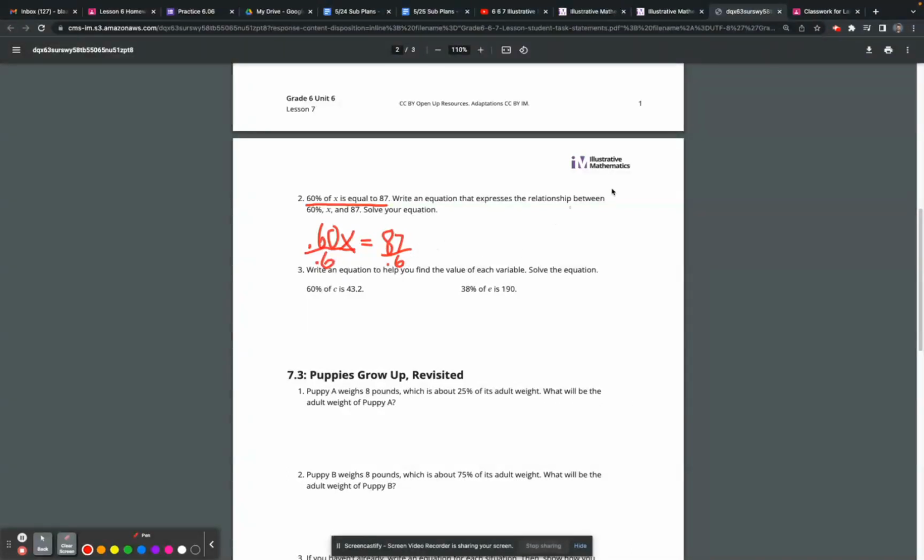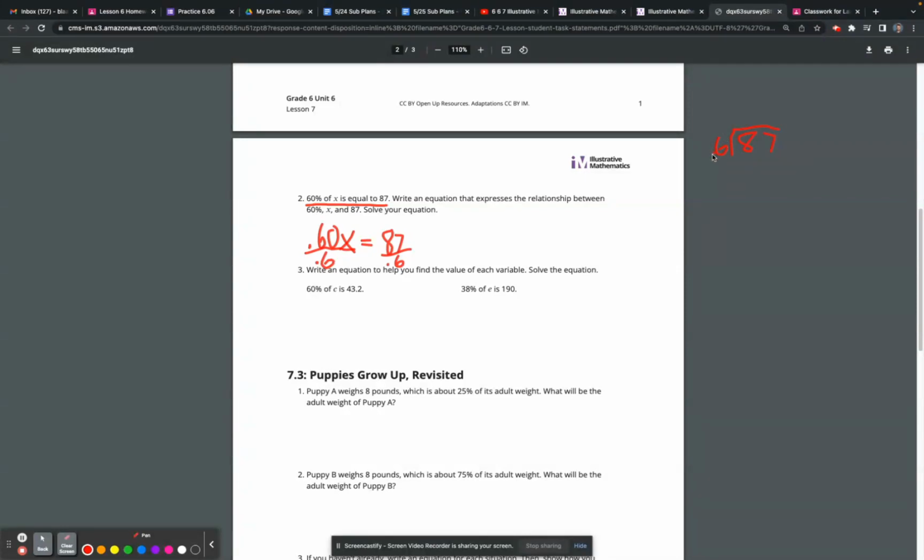Okay, now if I go to set that up over here on the side, and if I write it like this, 87 divided by 6/10. Remember last unit, when we have decimals in our division problem, we want to get rid of them.